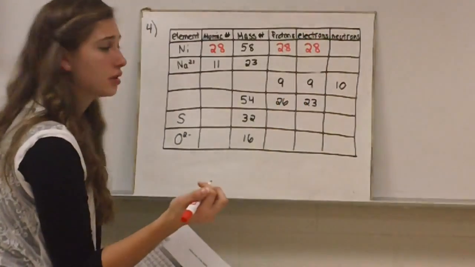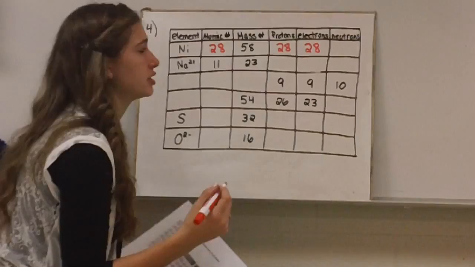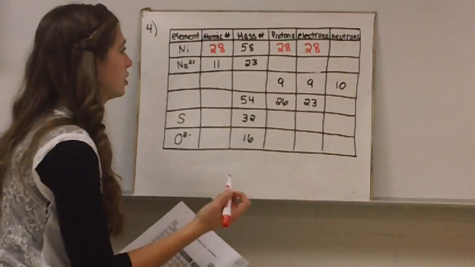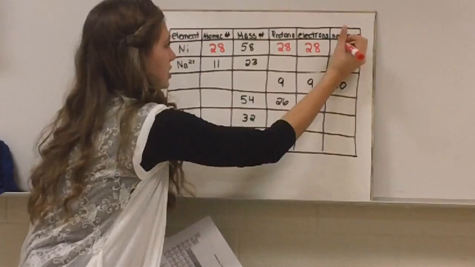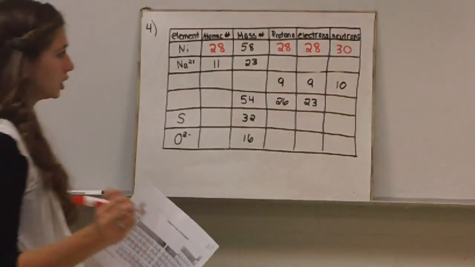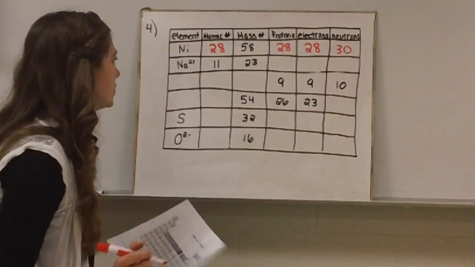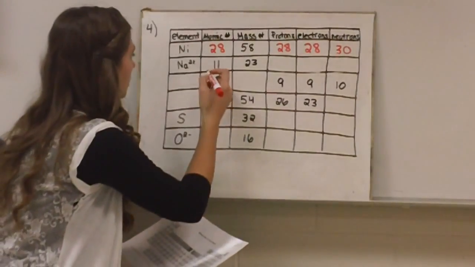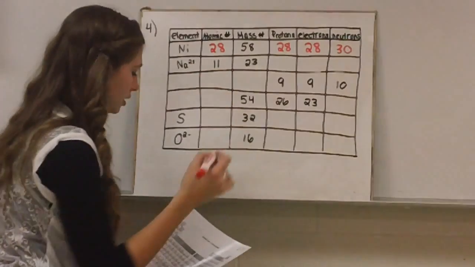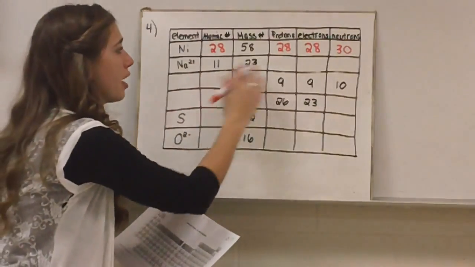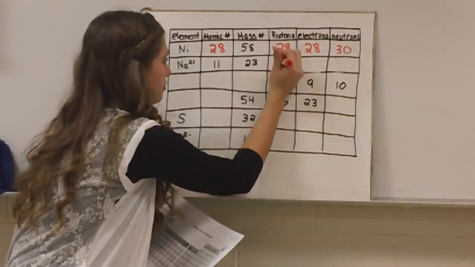If you remember from what we just did, in order to determine the amount of neutrons, you have to do your mass number minus your atomic number. In this case, that's going to give us 30. So now let's do sodium. So sodium 2+ here. We have an atomic number of 11, so we know that our protons are 11.